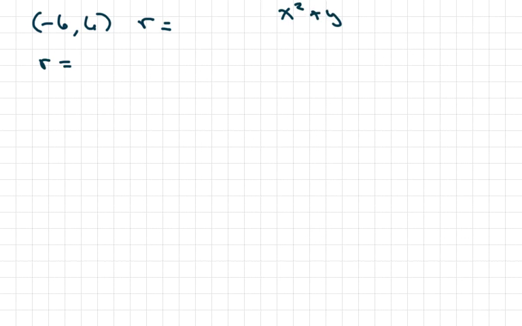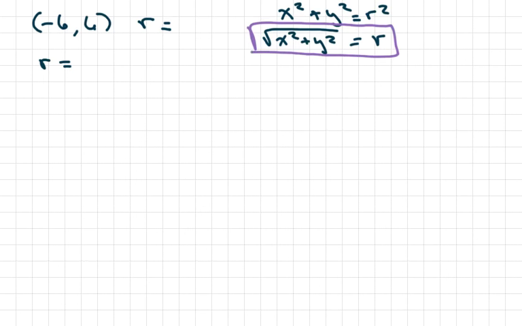x squared plus y squared equals r squared. So r equals the square root of x squared plus y squared. And I'm just going to use that. So r is the square root of -6 squared plus 6 squared.